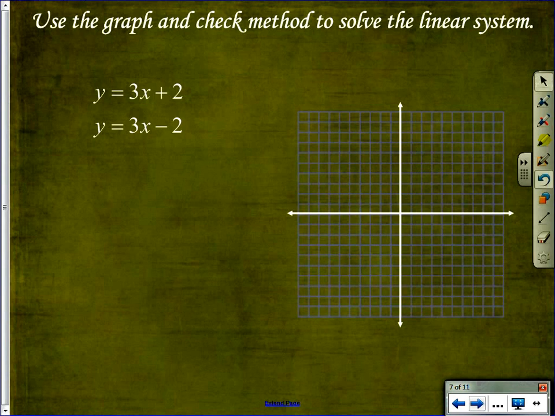You already know this. Anybody have an answer yet? Good.